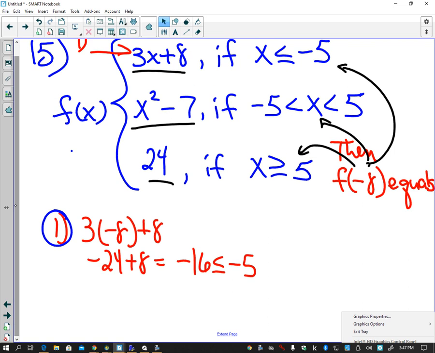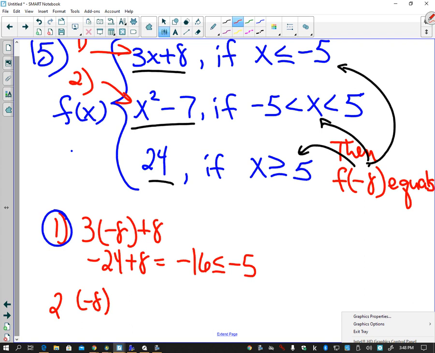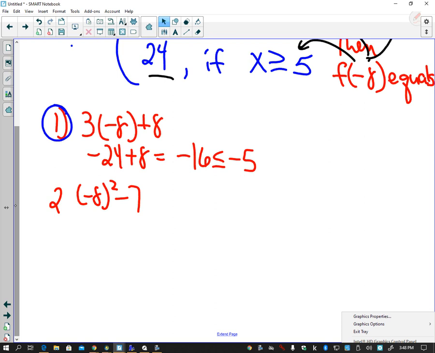All right, for 2, we'll look at 2, and if we plug in negative 8 squared minus 7, well, negative 8 times negative 8 is 64, minus 7 is 57.